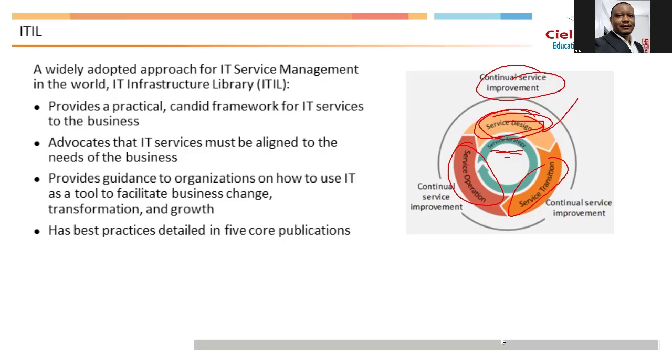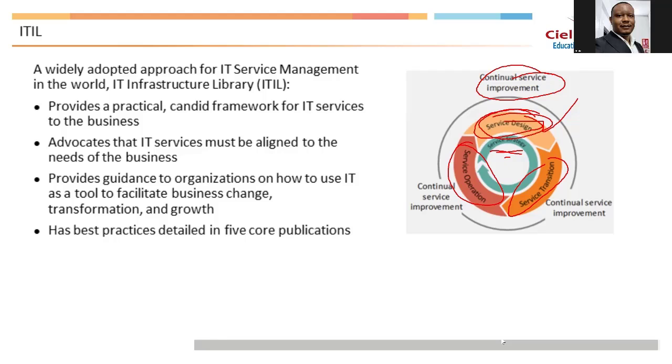Then service transition is now where you start developing those services, start implementing them, and start managing them. Of course, once we roll it out, what happens? We need to now constantly support it to make sure that they stay available. You don't want someone subscribes for a particular bouquet and the person is not able to access it, for example. If that happens, the person should be able to reach to us. And then we have a help desk that can assist. Or maybe there's a downtime somewhere in one of our services.